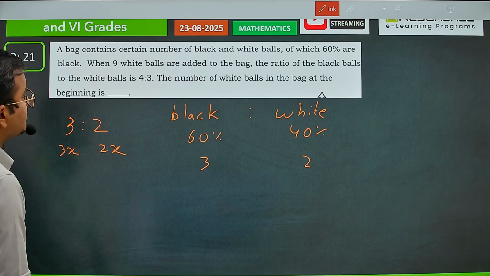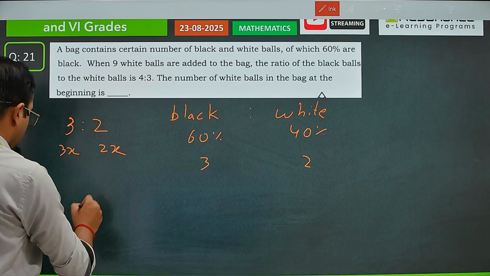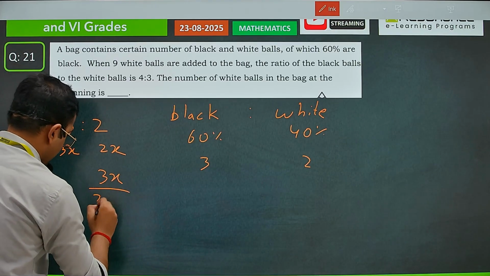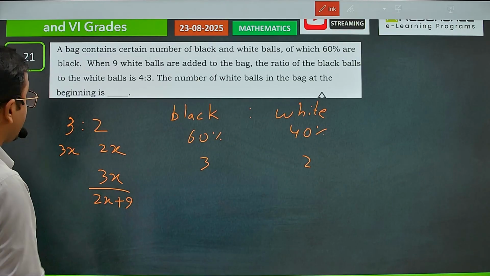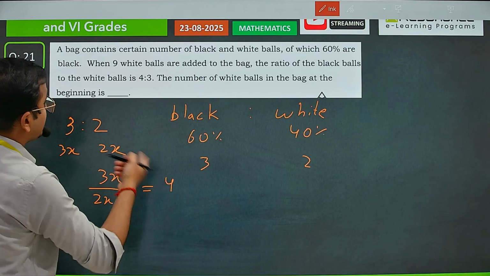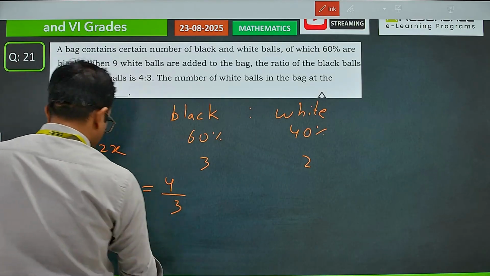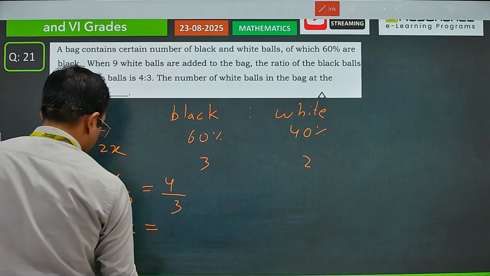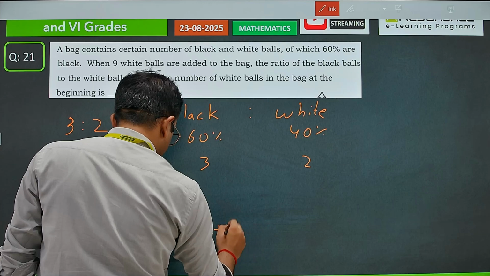9 balls are added. So that is 3x by 2x plus 9, because 9 white balls are added. The ratio changes, 3x was black, to 4:3. So that becomes 9x is equal to 2 into 4x plus 9.